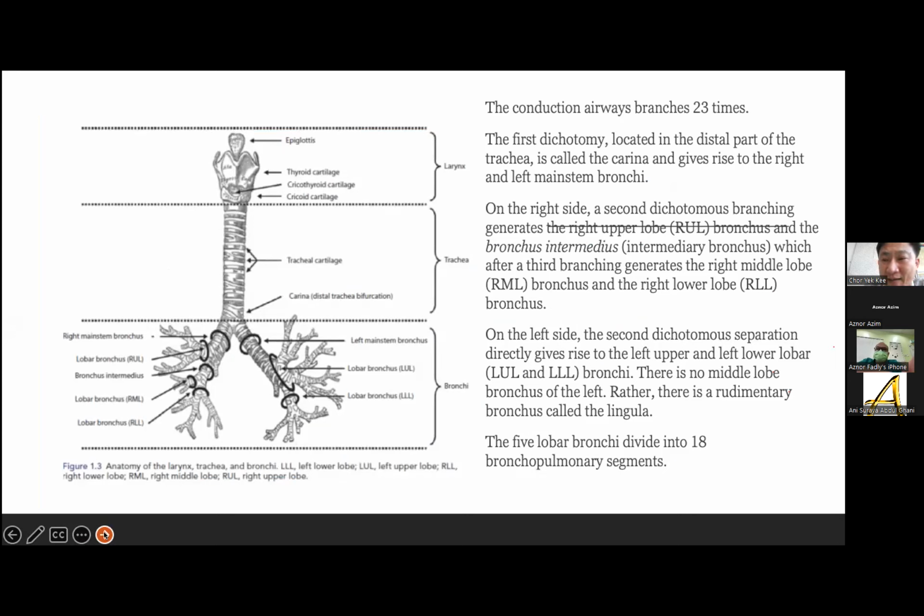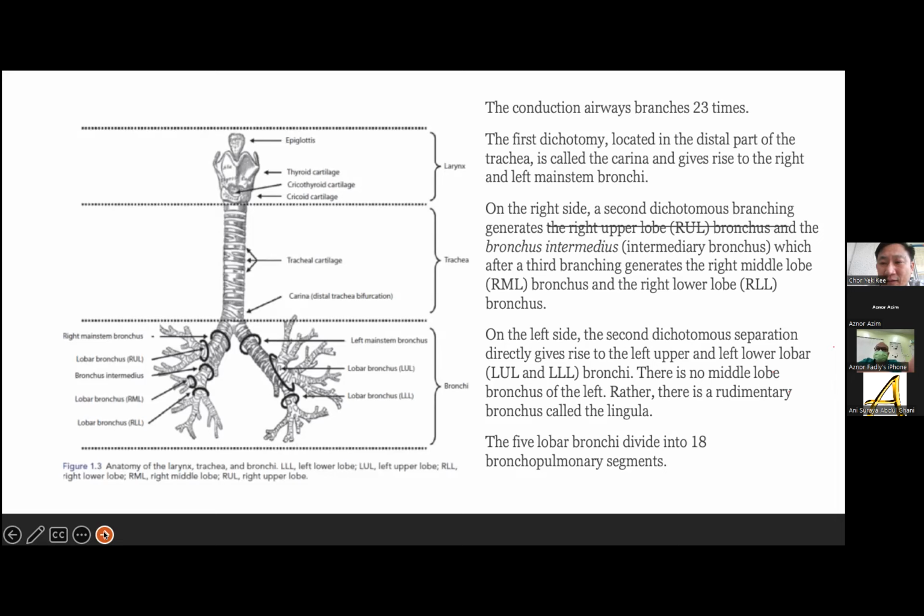If the patient has severe asthma, bronchospasm usually occurs at which level? The bronchi level, because they are non-cartilaginous. Yeah, so it's at the terminal bronchiole. The terminal bronchiole is quite important, meaning that they are at the lower end of the generation, say about 14, 15, 16 generation.